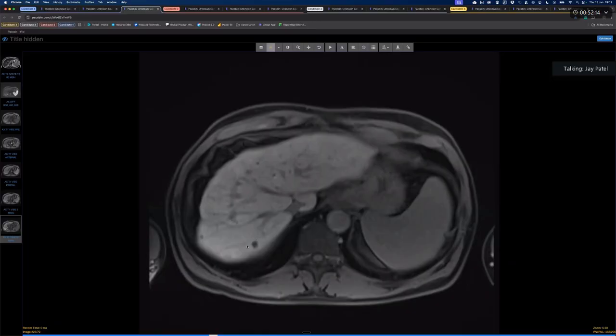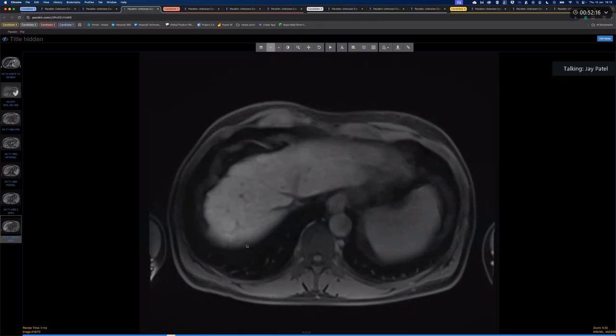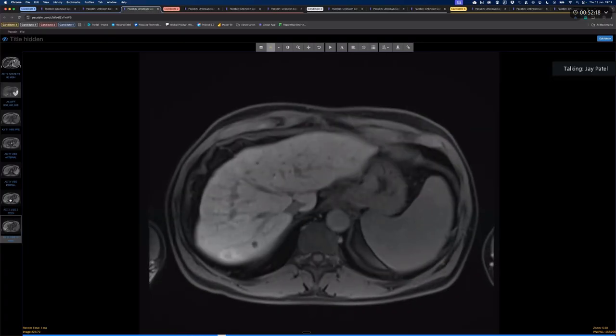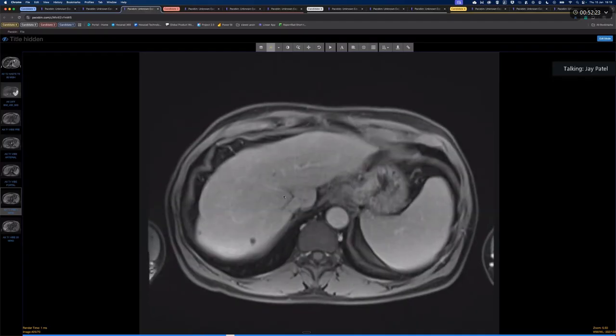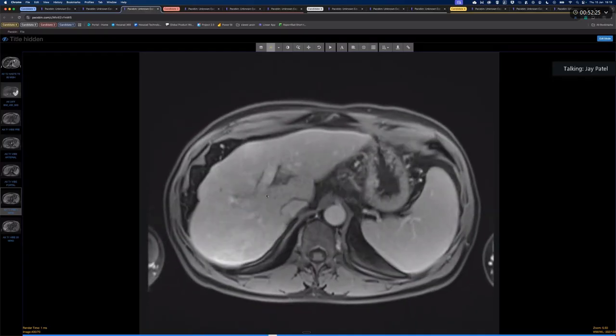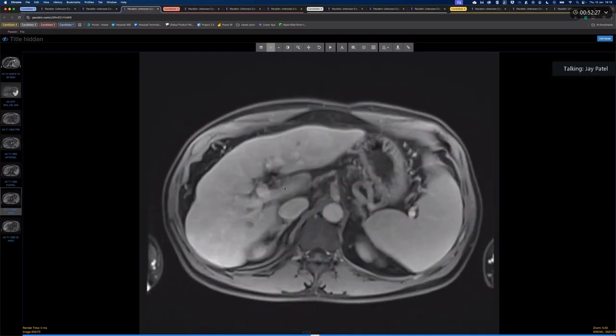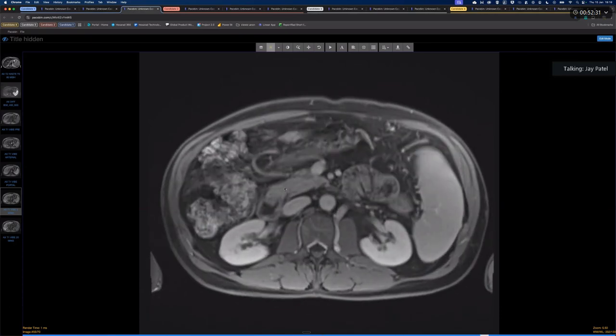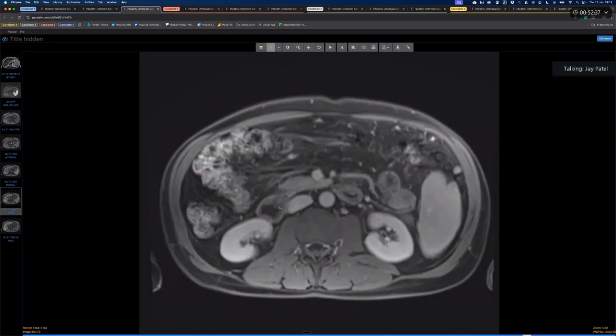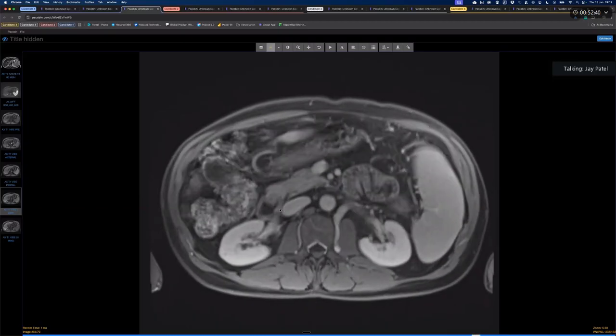And so at the 25-minute scan, you may end up with something that looks more like a portal venous phase, something like that. Contrast still hanging around the blood vessels, no contrast in the biliary excretory system because it's not yet passed through the hepatocytes and into the biliary system because the hepatocytes aren't working. So it's a caveat. You're not going to get it in your exam, but I thought I'd mention it.